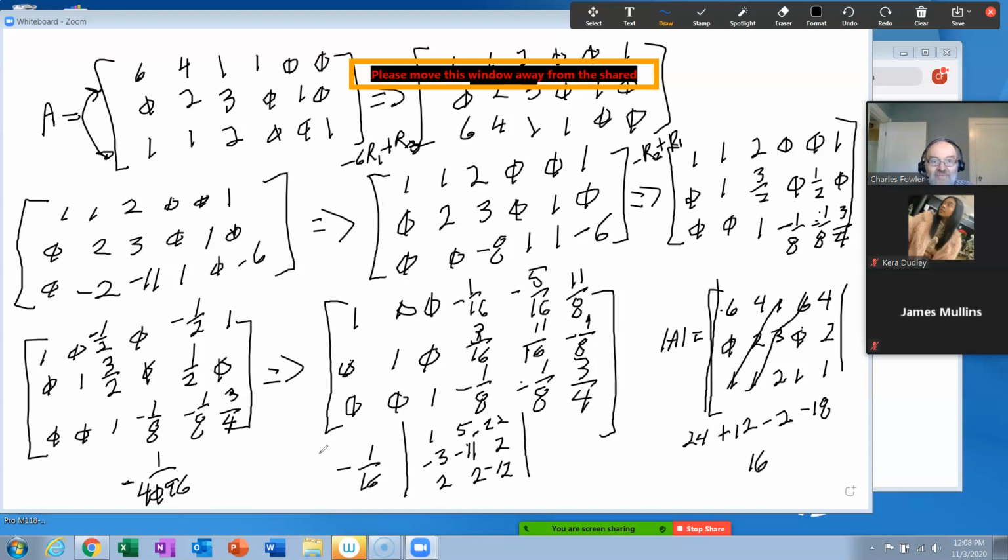So I'm going to do this up here. That's a 1, 5, negative 22, 1, 5. Negative 3, negative 11, 2. Negative 3, negative 11.